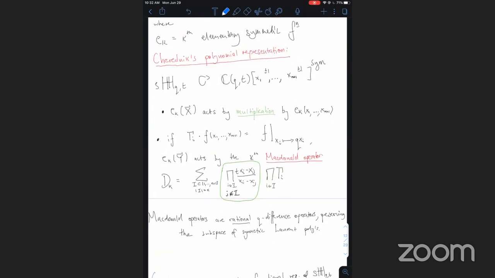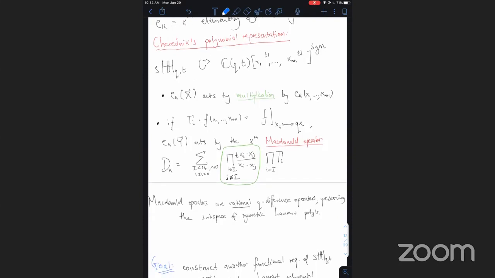And basically the way to go between the two representations is to apply the spectral transform for the Toda chain that I mentioned a little bit earlier.